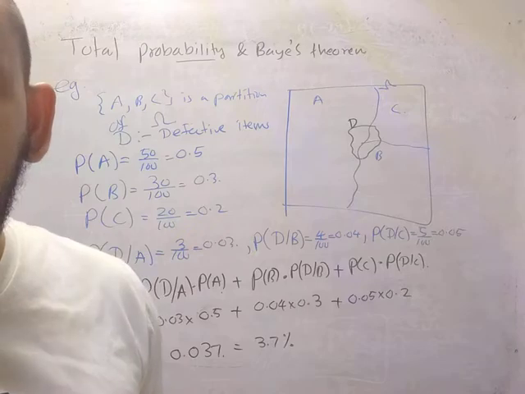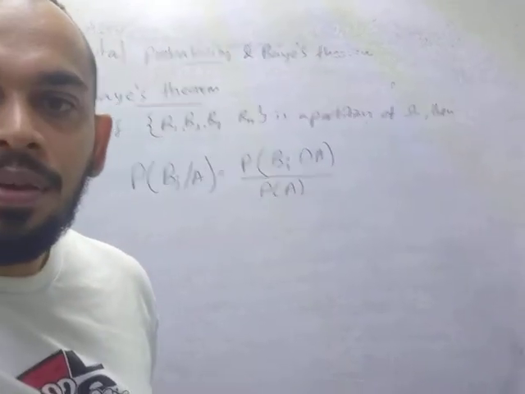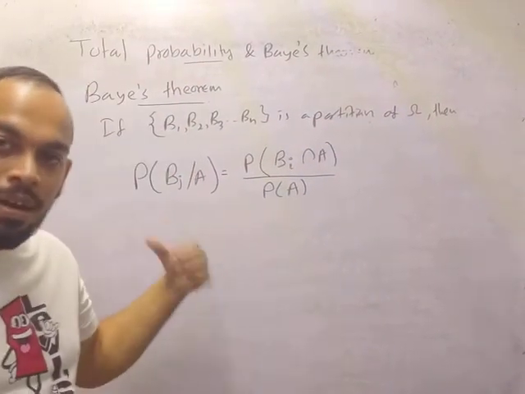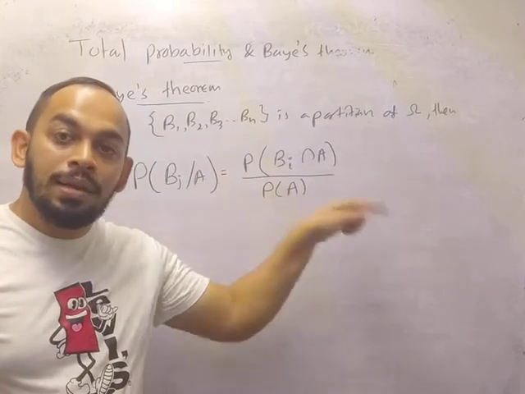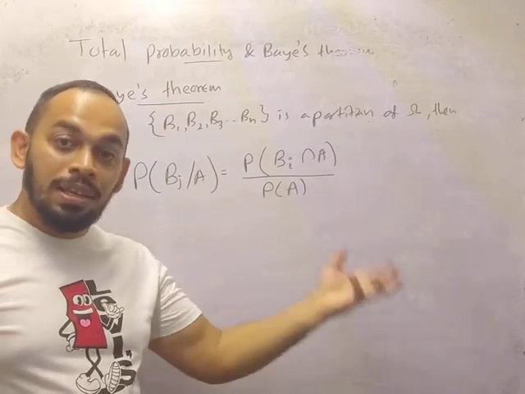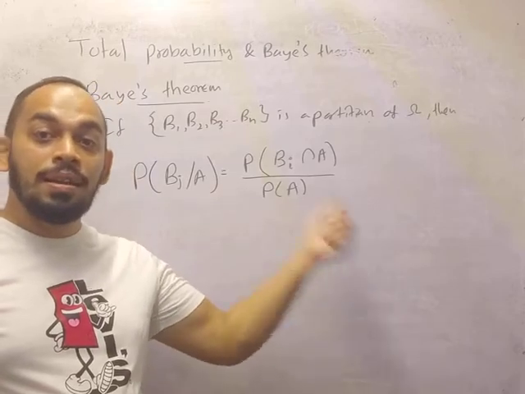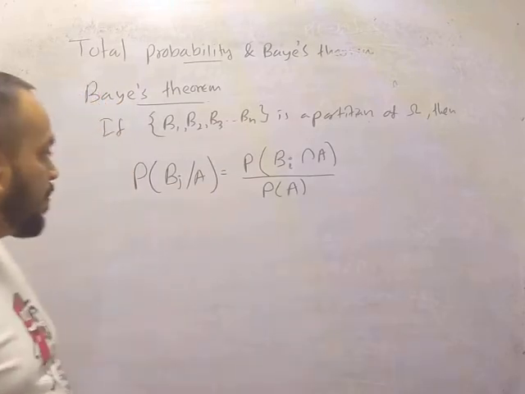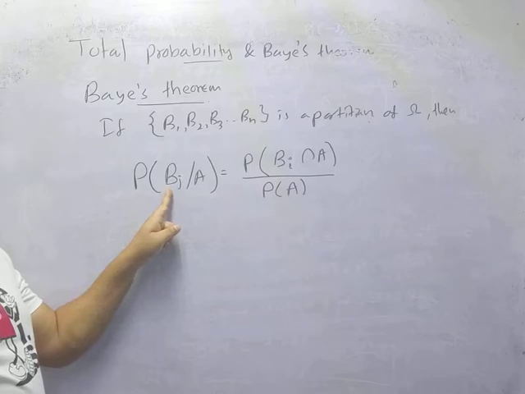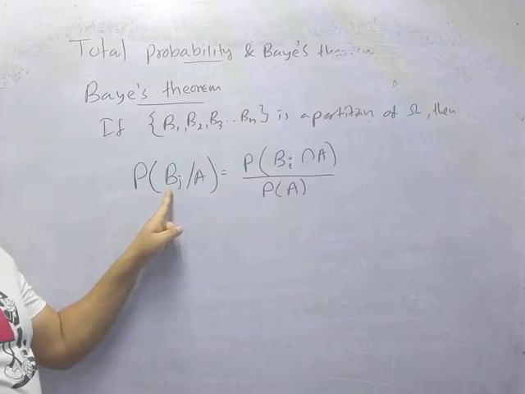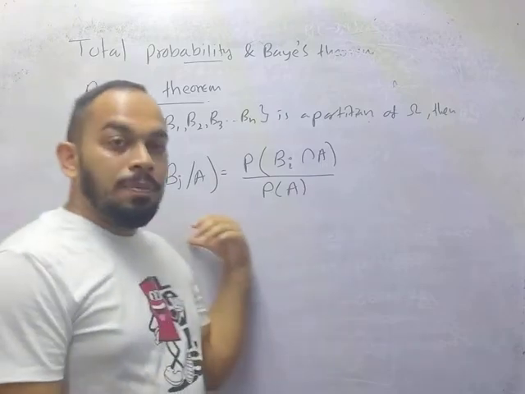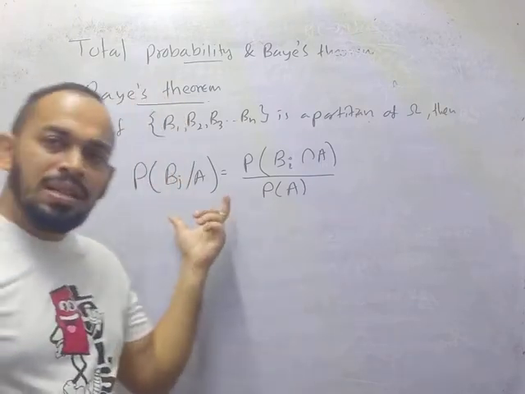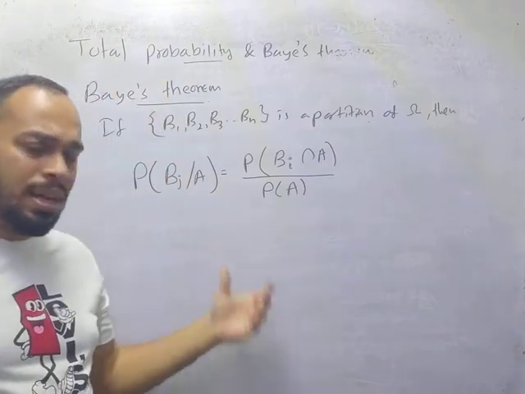Right, let's get into Bayes theorem now. So this is Bayes theorem. As I mentioned earlier, this is about going back, right? So given the item is defective, what is the chance that it came from A or B or C? So it's basically conditional probability. අමුතු දෙයක් නෙමෙයි.